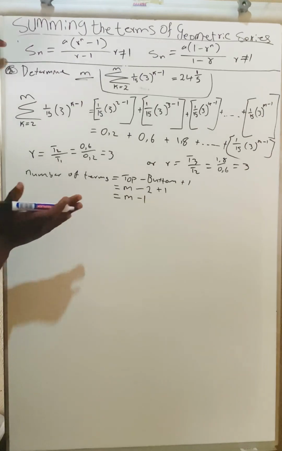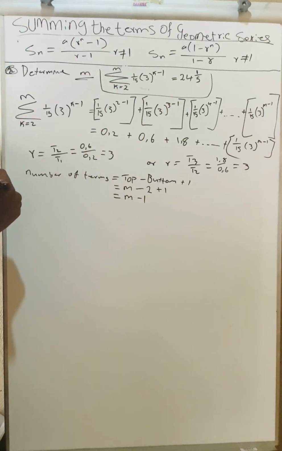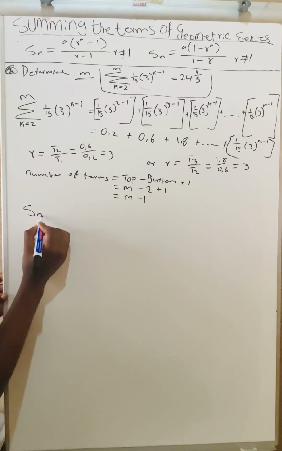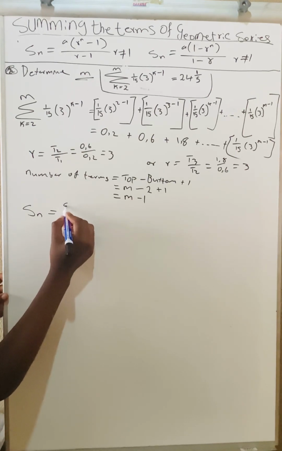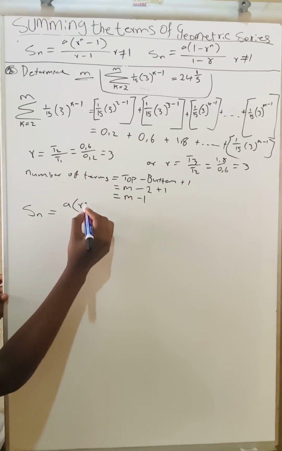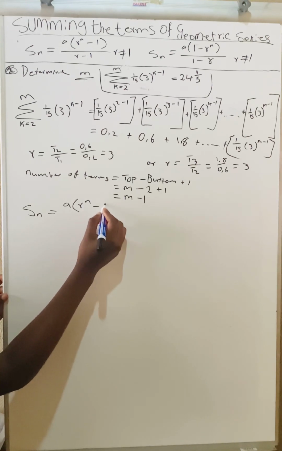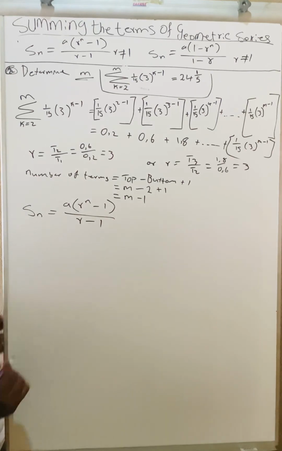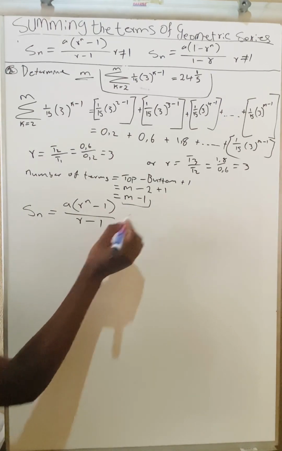Then from here, you use any of these formulas. From here, you just say Sn is equal to A into brackets R to the power n minus 1, close the brackets, over R minus 1. From here, where you see n, you substitute with this.